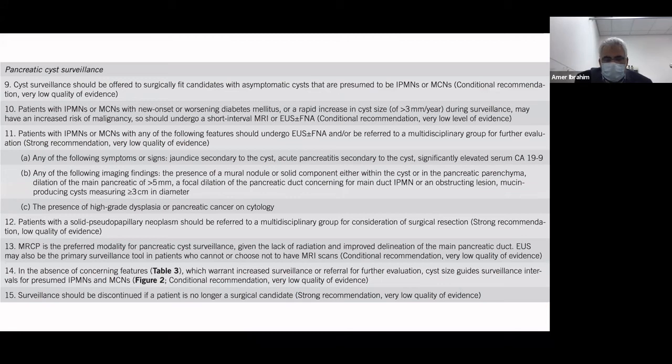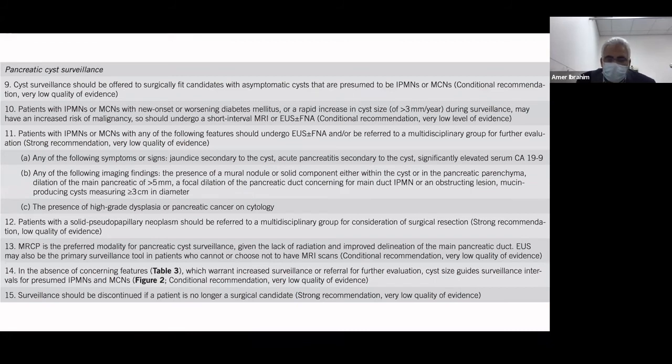And resection, of course, depends on the site of the lesion. If it is in the tail or body, they will have distal pancreatectomy. If it is in the head, then they need Whipple's. And some patients need total pancreatectomy because the main duct is involved from the head down to the tail.